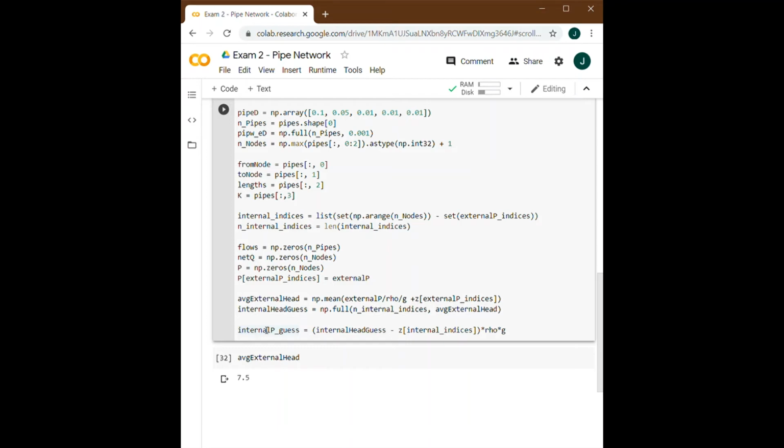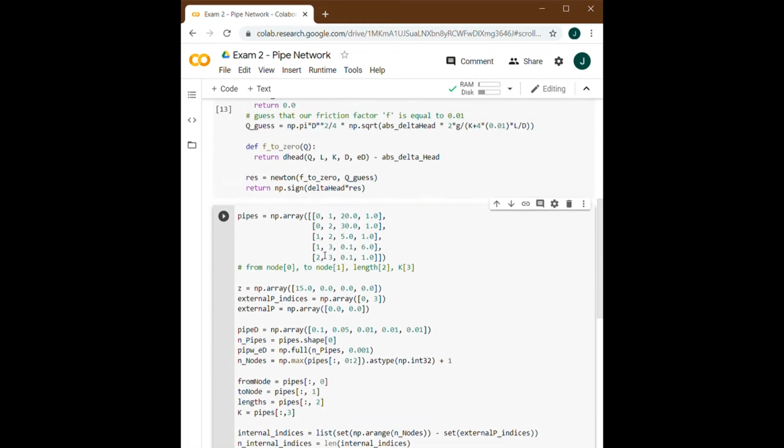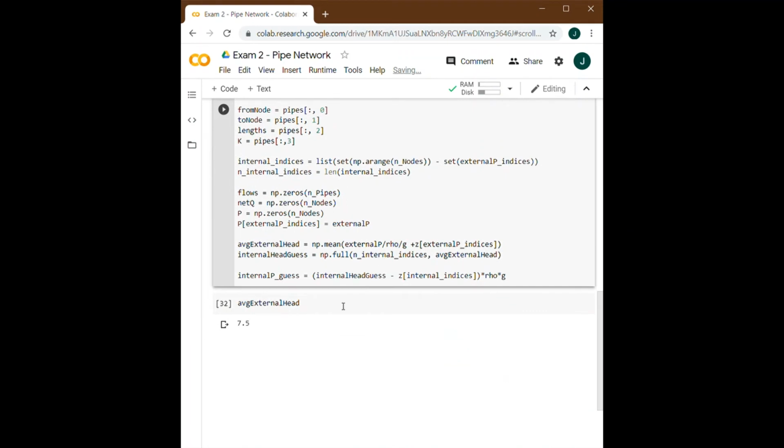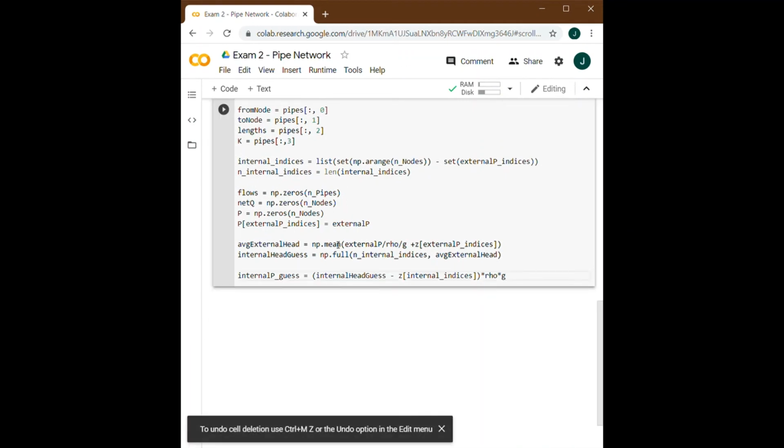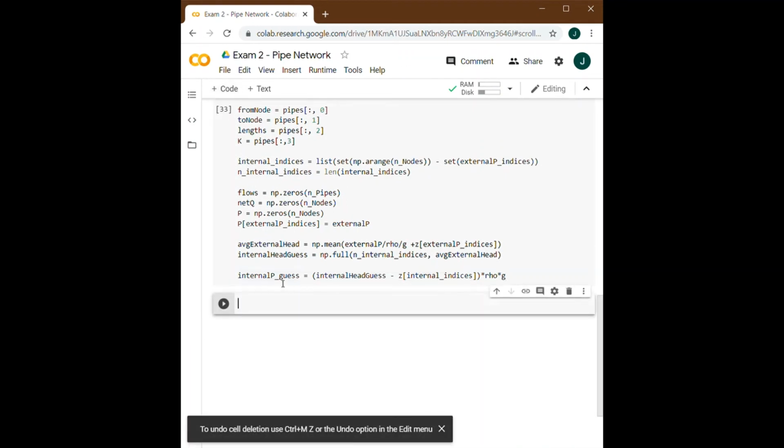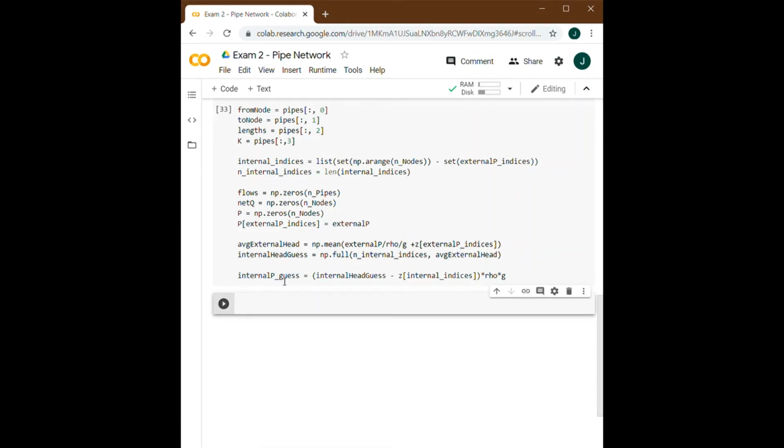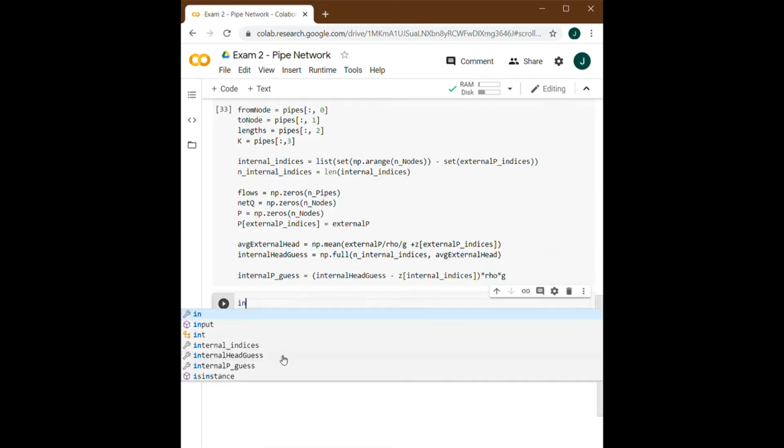It's going to be our initial pressure guess for our internal pressures of the system, which is going to be at node 1 and node 2. So, that was a long piece of code, but we got to the end. And now what we're going to do is take a peek at our internal head guess.